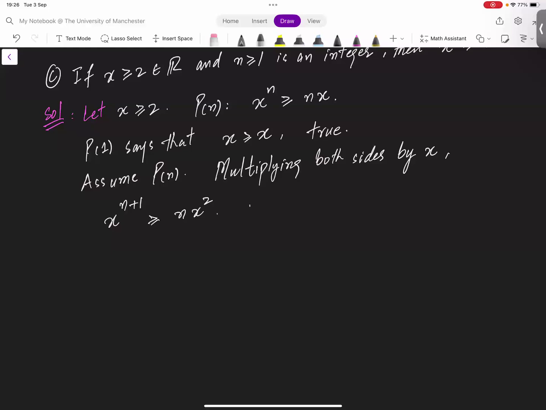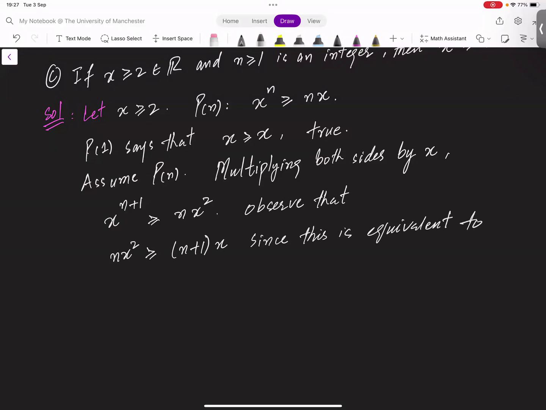Now observe that n x square is greater than or equal to n plus 1 times x, since this is equivalent to x greater than or equal to n plus 1 over n, which is true as x is greater than or equal to 2.